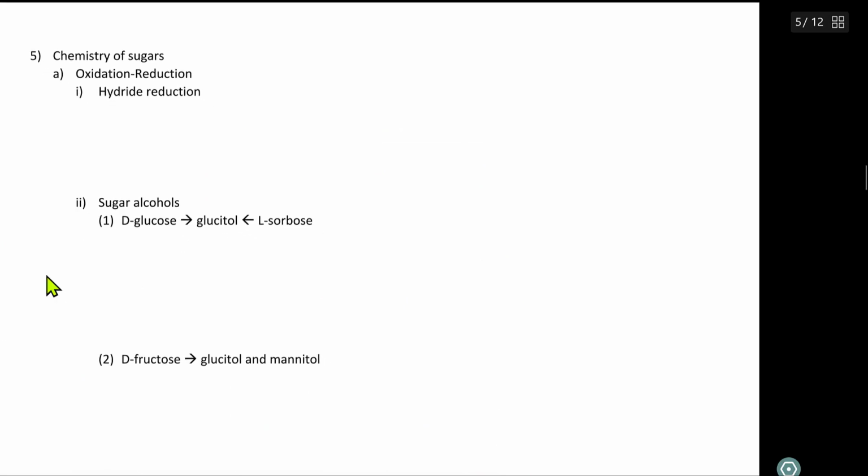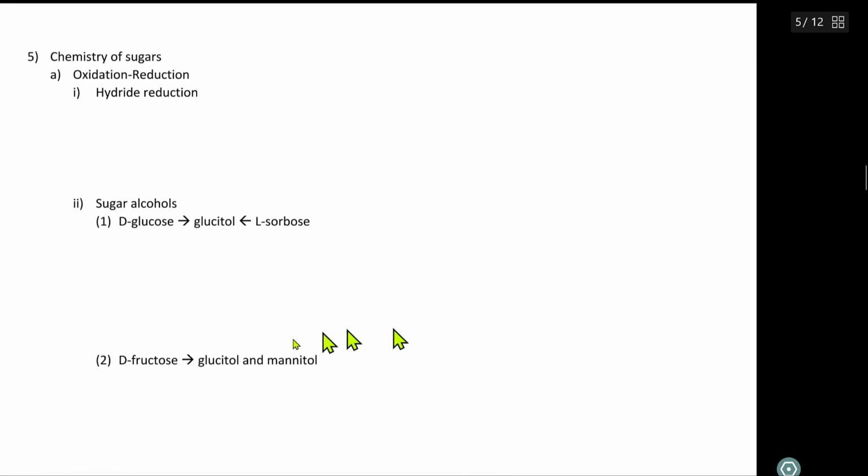So we'll talk next a little bit about the chemistry of sugars. One of the reactions you learned about is hydride reduction, sodium borohydride, lithium aluminum hydride. And just to remind you what those reactions look like, if you take an aldehyde or a ketone and react it with sodium borohydride, normally this is written something like this: 1. NaBH4 and 2. usually water, or sometimes hydrochloric acid, an acid.